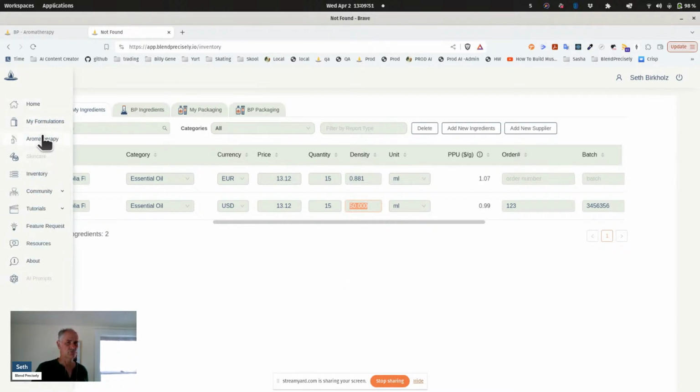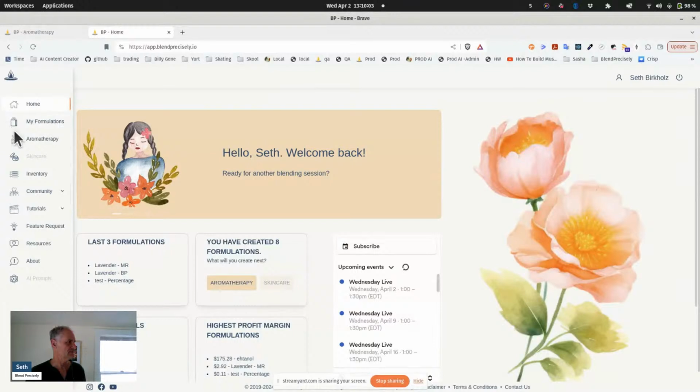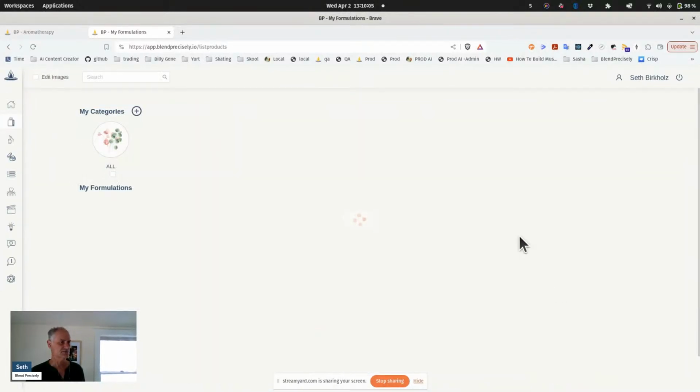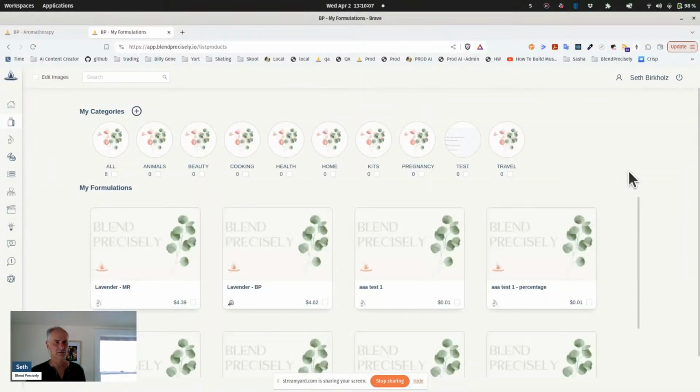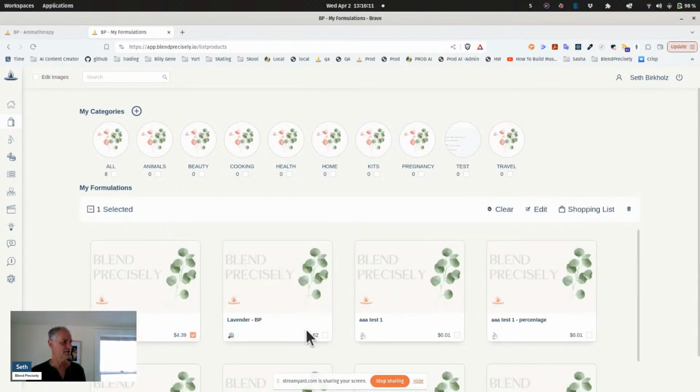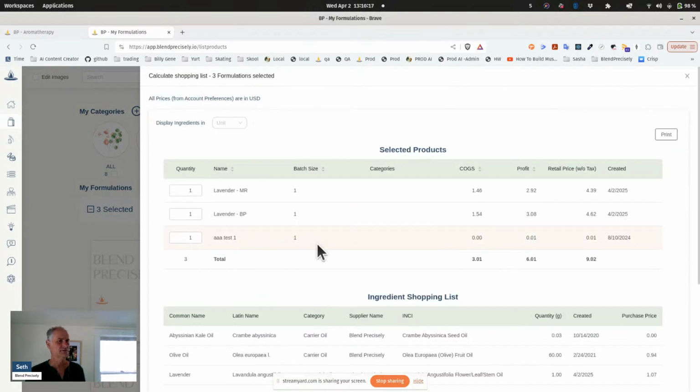So if you're one of our heavier product people who actually sells them in their shop, one of the things that I created was my formulations here. You may or may not know about this, but if you select multiple products and say go to a shopping list, it will calculate the total cost for you.